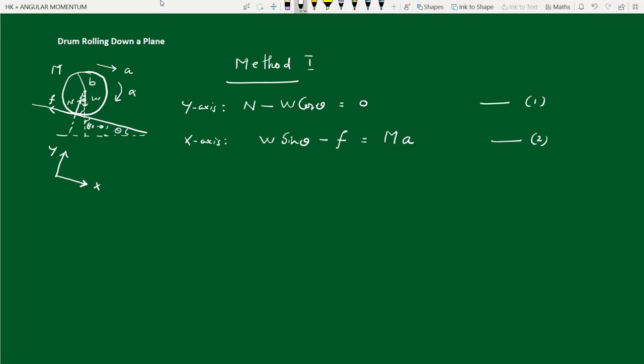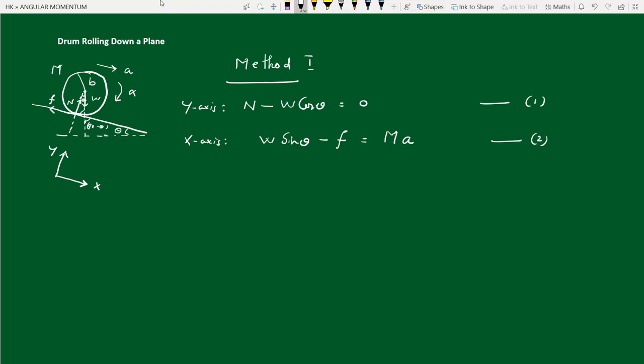So if you calculate the torque about the center of mass, about this origin, then torque due to W will be 0 because W is acting at the center of mass, and torque due to normal force N also is 0 because the normal force and the radial direction are along the same line. Actually, they are opposite to each other, 180-degree angle.